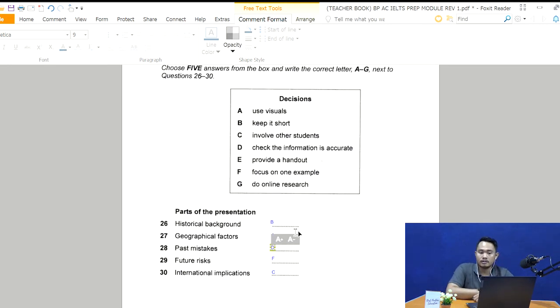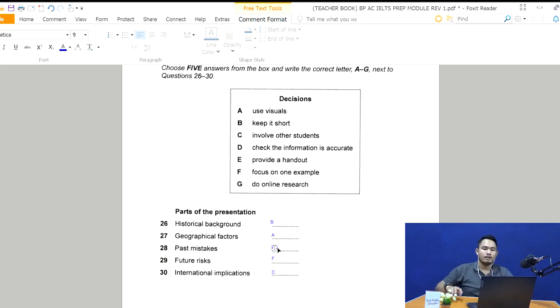It's not check the information is correct, it's just focus on one example. So it should be F, not D. Again, the man mentioned one particular example, the case study. So that's the point of what they're talking about, and the past mistake is basically focusing on one example in that discussion.